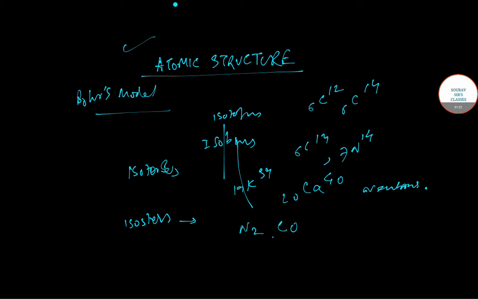Now, the Rutherford nuclear model was a little bit different. In the Rutherford model of atom, Rutherford performed an alpha particle, that is He2+, scattering experiment on a thin gold foil.